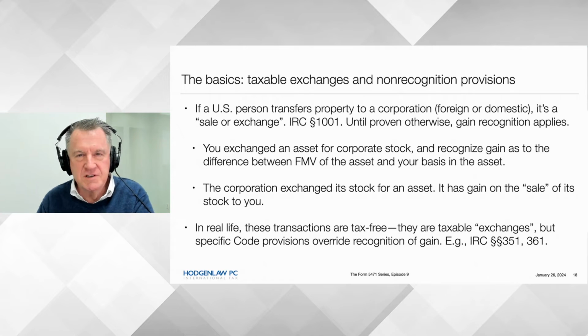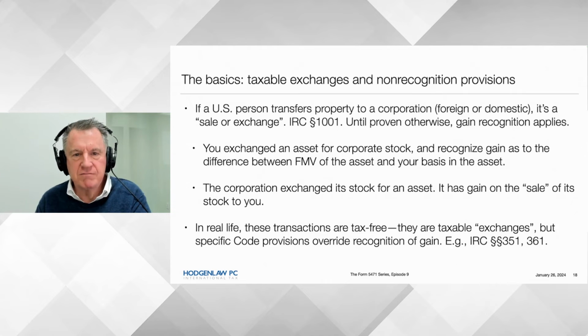On the corporation side, they have an exchange too. The exchange is I got this asset from Phil, I gave Phil the stock. And so these are both exchanges under Section 1001. And so until proven otherwise, you have to assume both ends of that are going to have taxable recognized gain, right? So that's how it works.